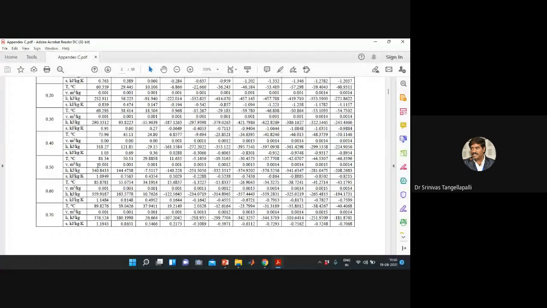And I want to ask you, at x equal to 0, at 0.5 bar, the temperature is 81.34 degrees centigrade. What is the name of this temperature? Anybody? At x equal to 0, the temperature of the liquid is 81.34. What is another name of this temperature?